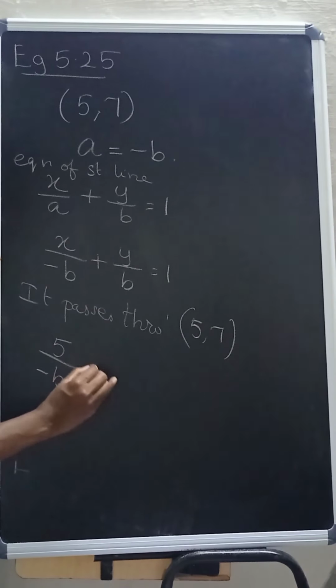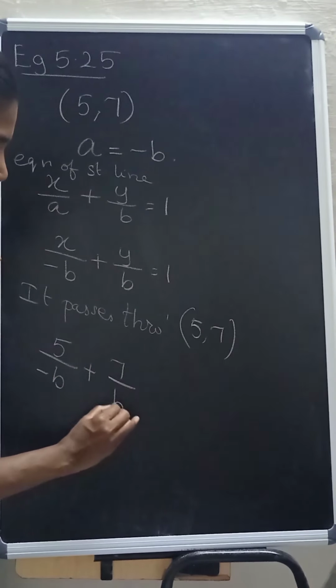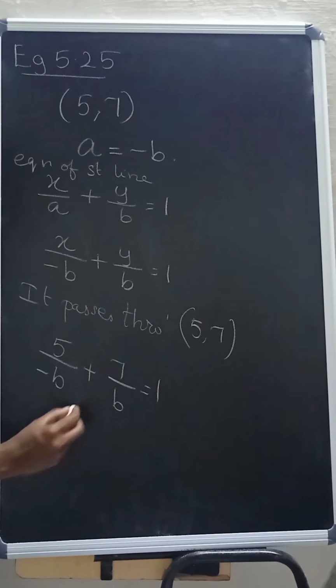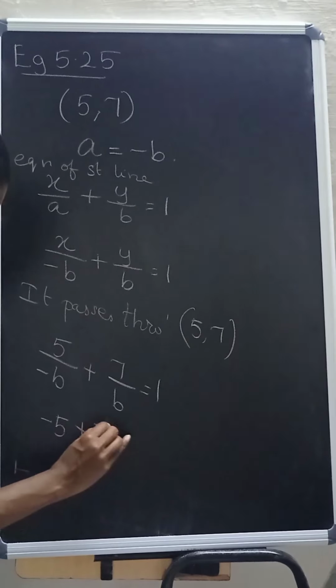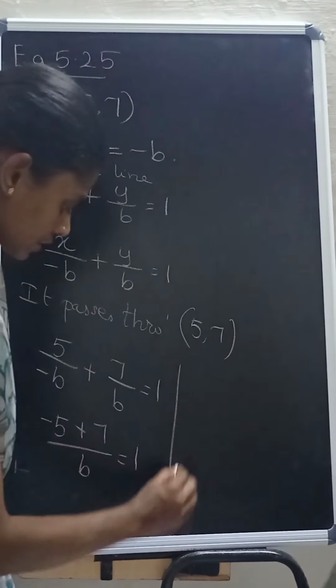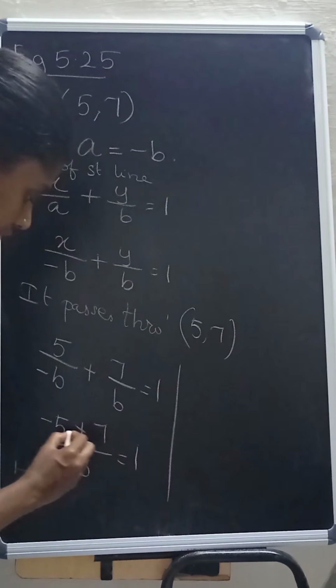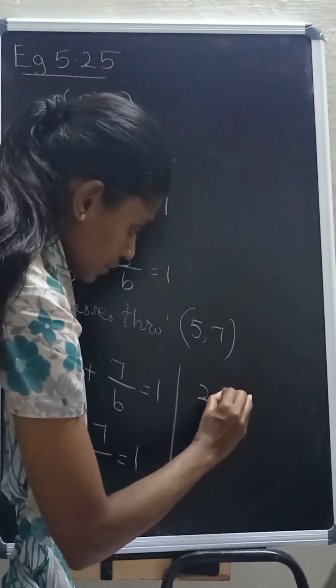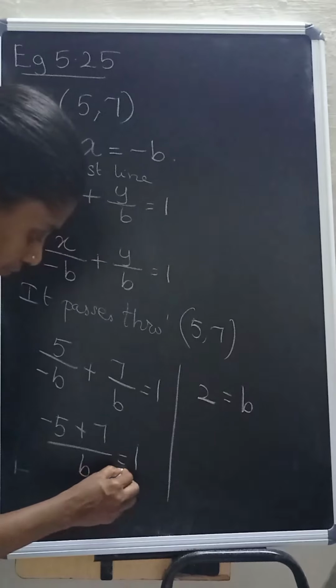Now substitute the values. 5 by minus b plus 7 by b is equal to 1. Now take LCM. You get (minus 5 plus 7) by b is equal to 1. So 7 minus 5 is 2, so 2 is equal to b.